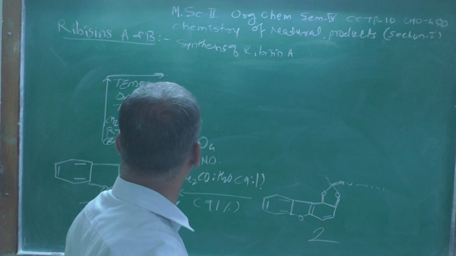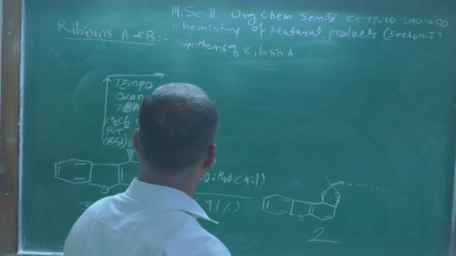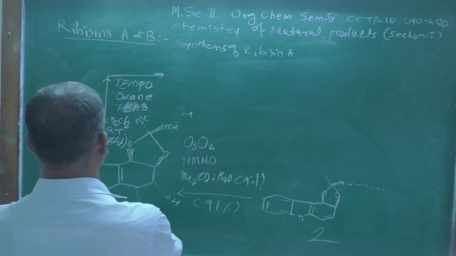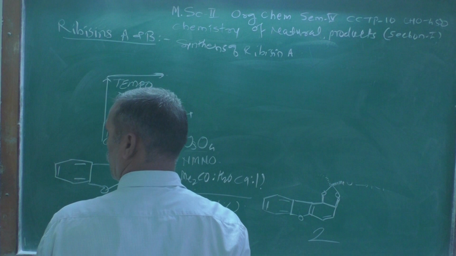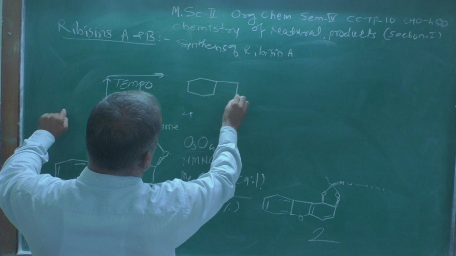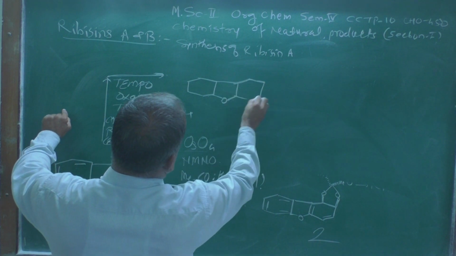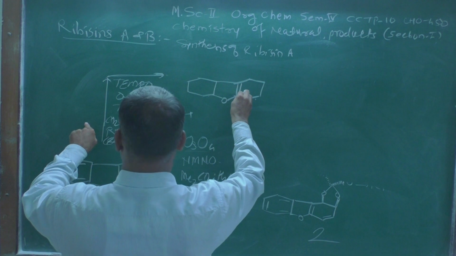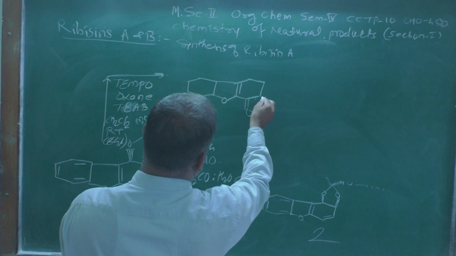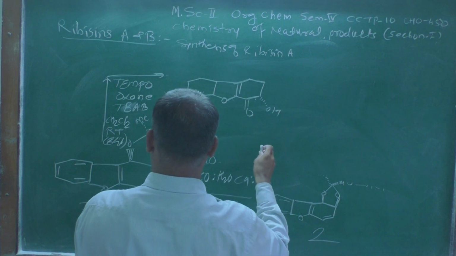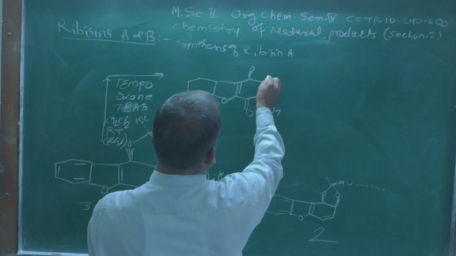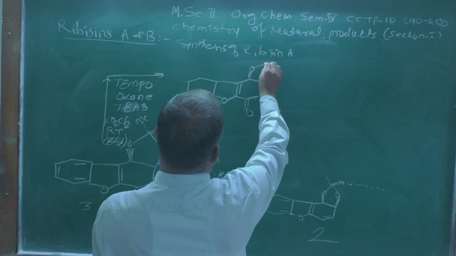What is that compound number 4? Only oxidation is carried out by adding all these reagents, and we will get the product over here. See carefully. We are going to get the product like this, with a double bond over here. This hydroxy group gets oxidized, and here we can put this. The rest of the groups remain as they are. Here an oxygen atom, here also an oxygen atom.